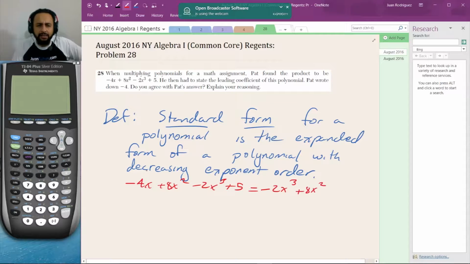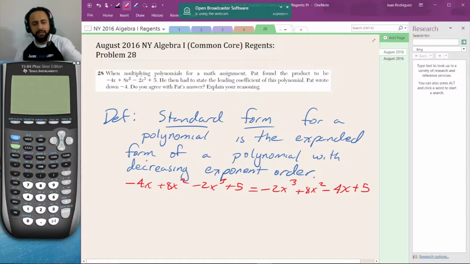Then the next highest exponent is 1 on this x, so minus 4x. And then the next highest exponent is on the 5. This is the same as 5x to the 0th power. The exponent on x on the constant coefficient is 0. So plus 5. That's the lowest exponent.